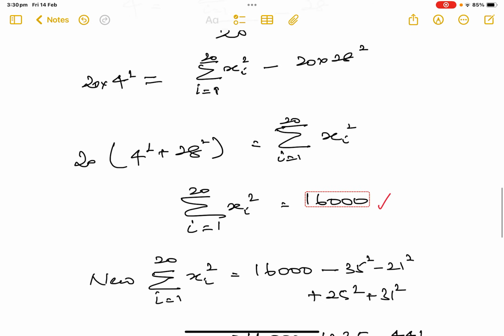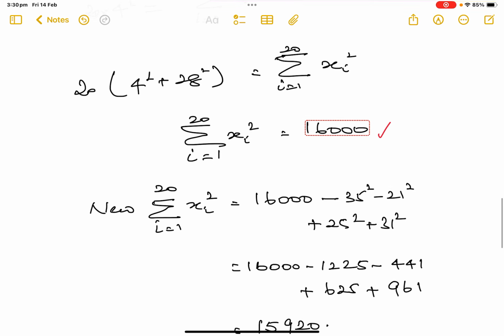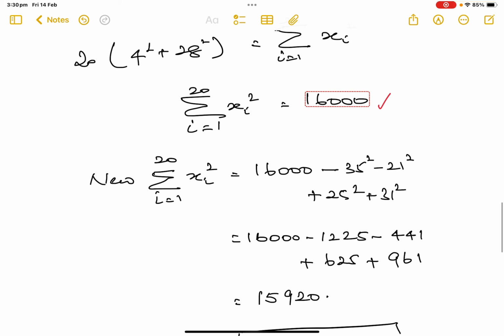Right, that's from the standard deviation, we got that the sum of xi squared is 16,000. But for the new one, we have the two values. So xi squared is each day's temperature squared: first day, second day, third day, fourth day, added together is 16,000.